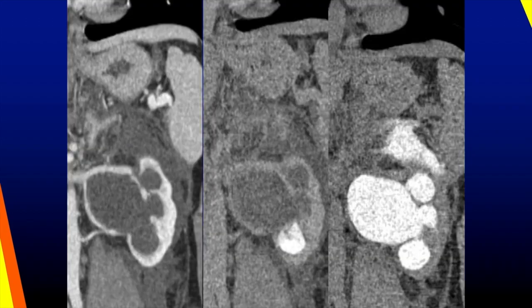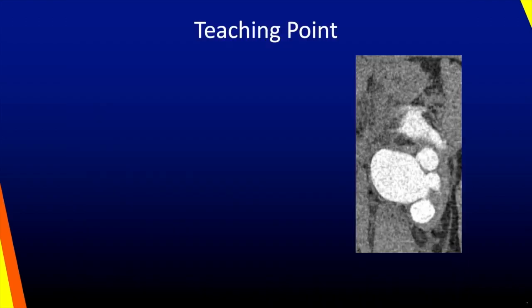This is nicely demonstrated in these coronal images on the left in the parenchymal phase, in the middle with 10-minute delayed images, and some contrast in the collecting system, and finally at 3 hours with contrast nicely filling the entire collecting system. We're able to see the urinary extravasation.